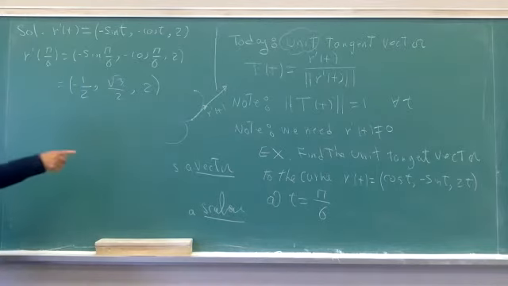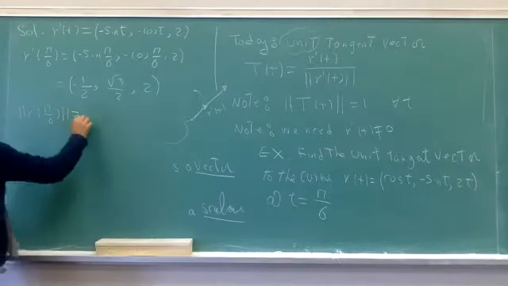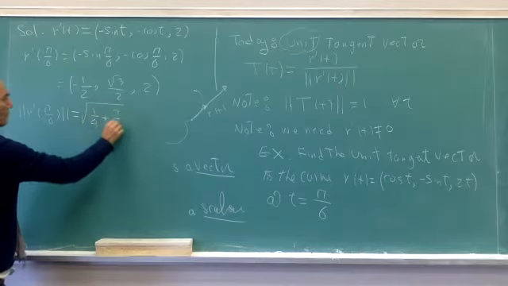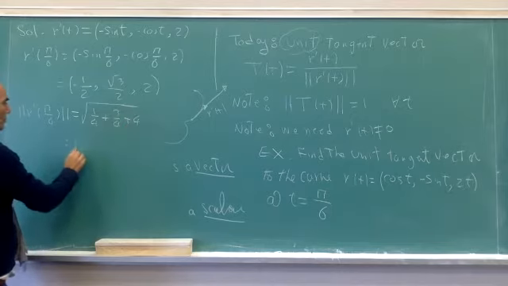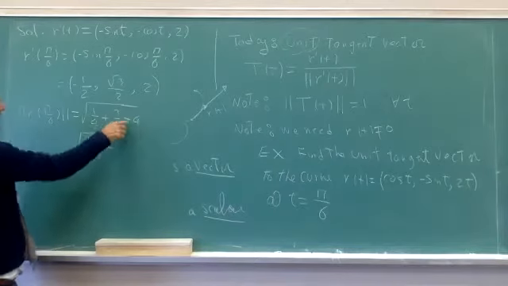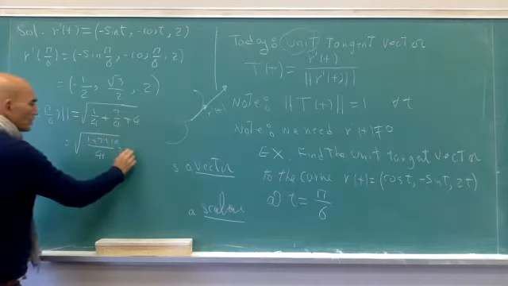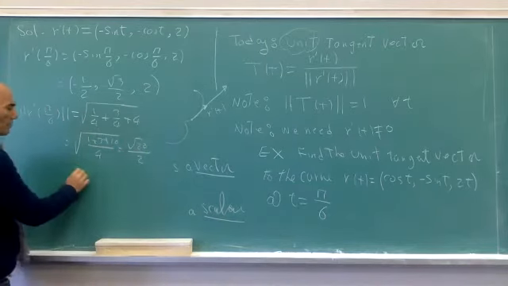All right, so now we have to divide this vector by its length. What is the length of r prime of pi over 6? That's the square root of 1/4 plus 3/4 plus 4, which is the square root of 5.